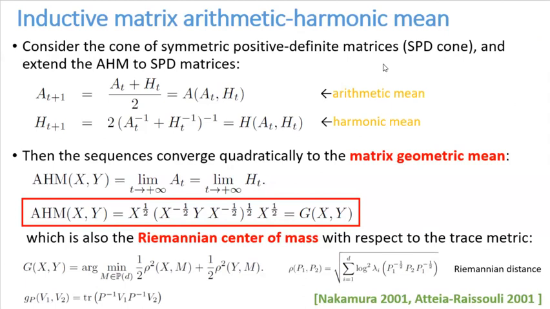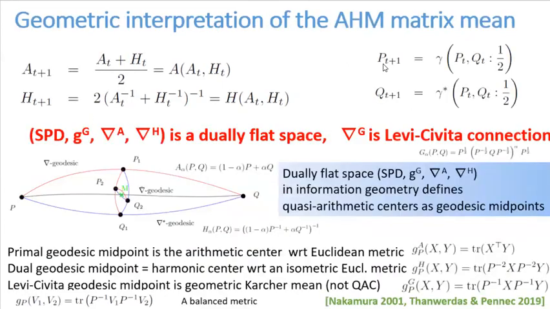And in the limit, what you can show is that it converges to something that is a matrix geometric mean, this G, for two matrices. And this can also be interpreted as a Riemannian center of mass, so basically the notion of Euclidean centroid on a manifold. One way to visualize this operation is that first you take the arithmetic mean, so you take the midpoint of this connection.